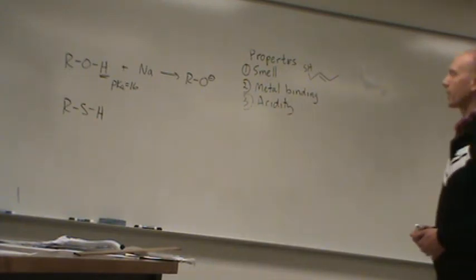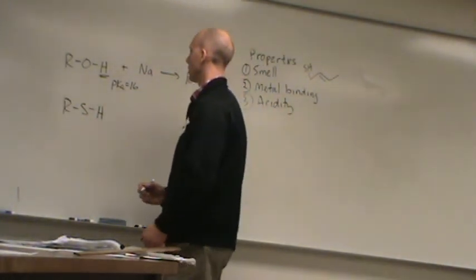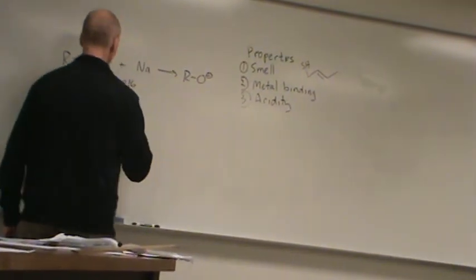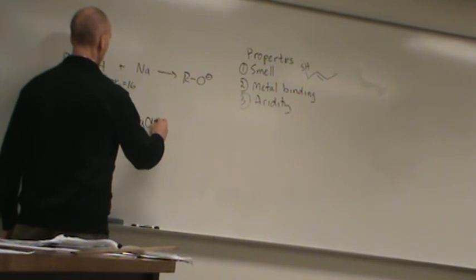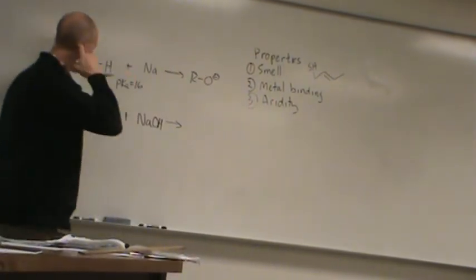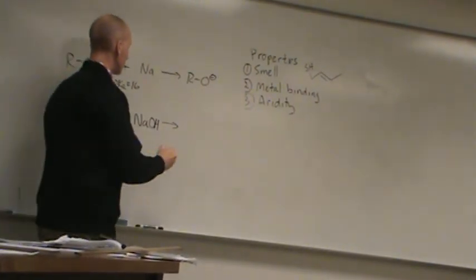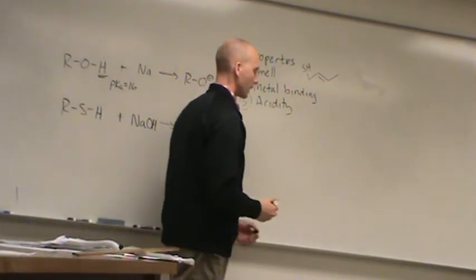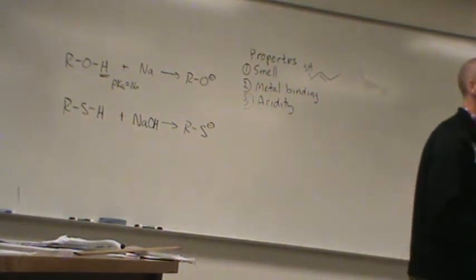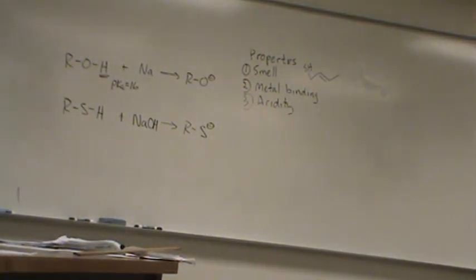Well, if I come down to the thiol, I can end up using something like sodium hydroxide to remove it, to get that conjugate base. So, do you think these are more or less acidic than alcohols?